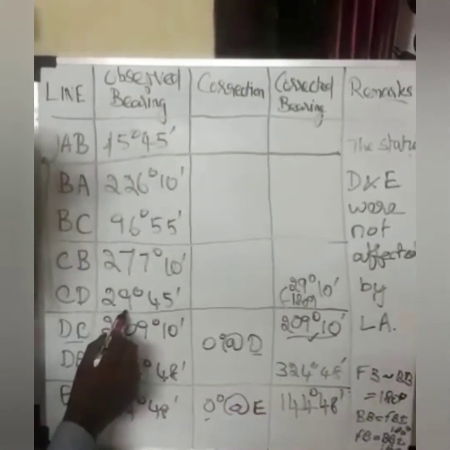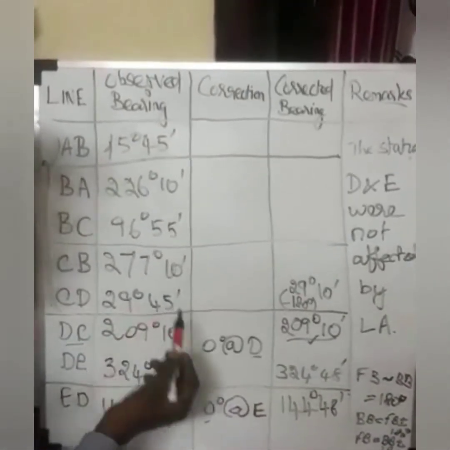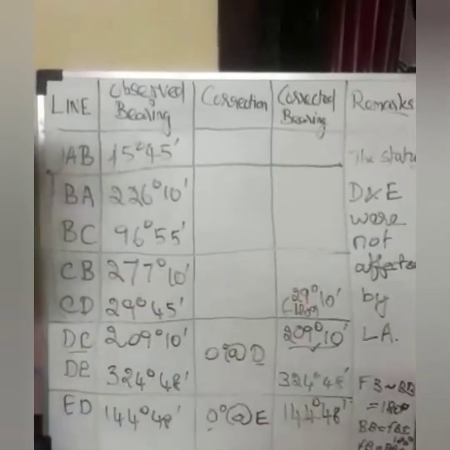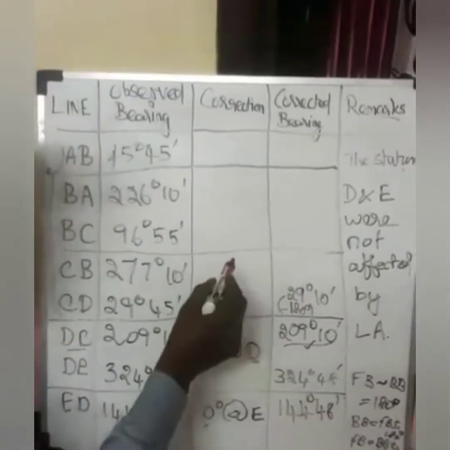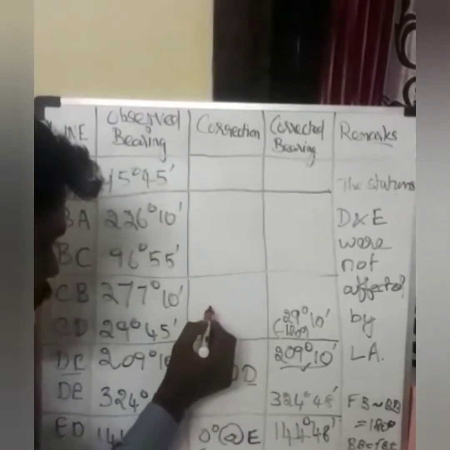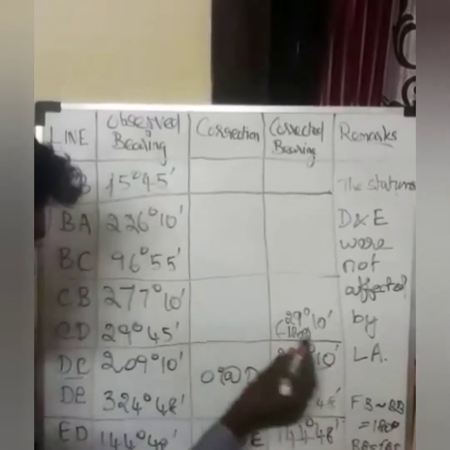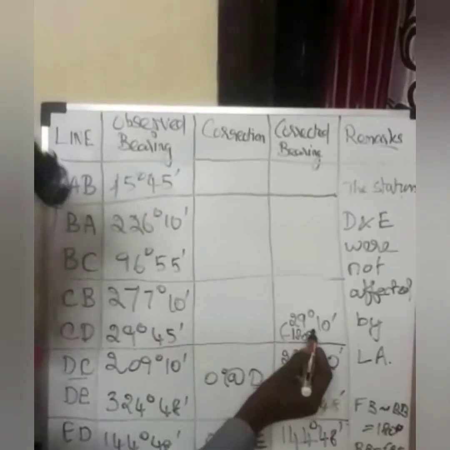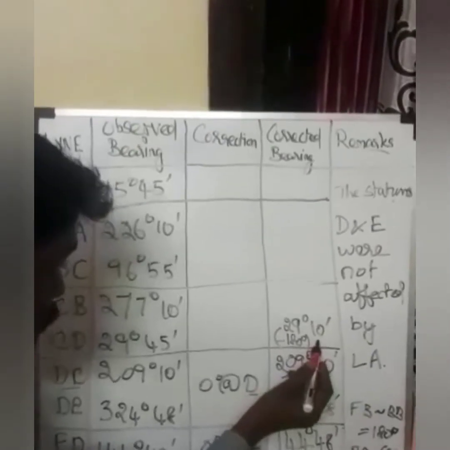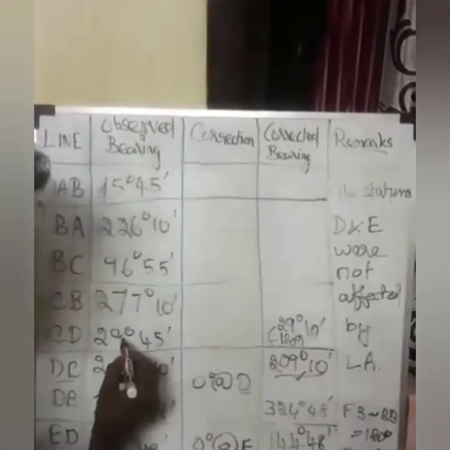But the observed value is 29 degree 45 minutes. There will be an error due to local attraction. How much error? The error by local attraction is the difference between the corrected bearing and the observed bearing.